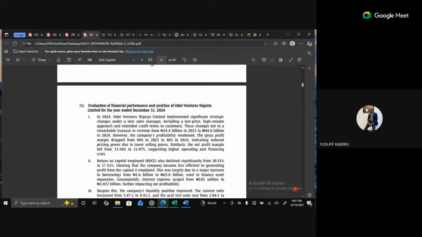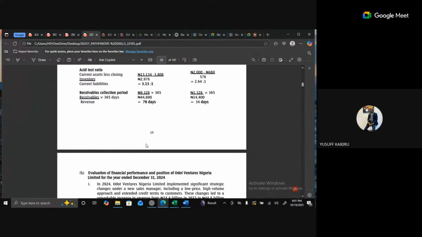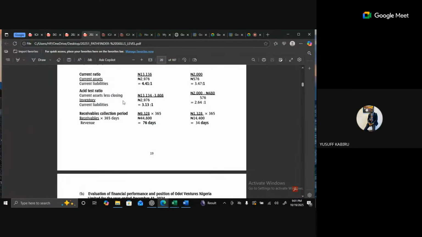Because our receivable collection period has increased. This is what it used to be before, and now it has increased to this. Why? Because the new finance sales manager is giving us more sales credit than before. So that's why you see that our days are lengthening. So despite that, our current position is fine. We still need to keep an eye on this receivable period and bring in place a strategy to ensure that the receivable period is okay or reduced as much as possible. So that is just basically it.